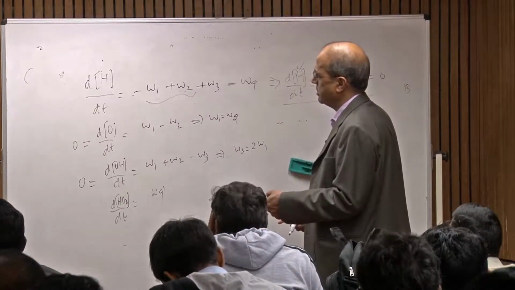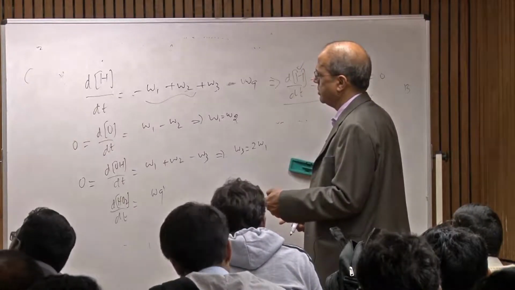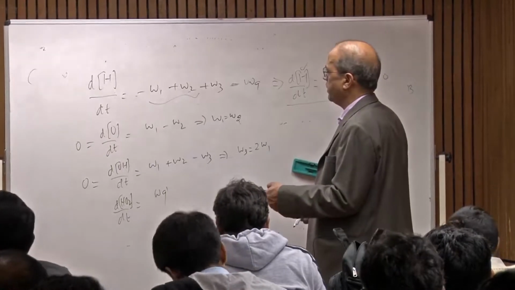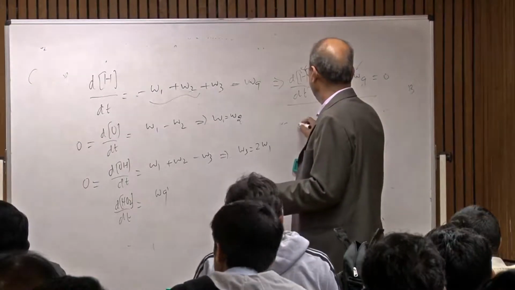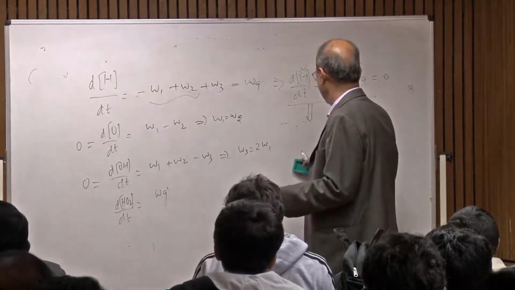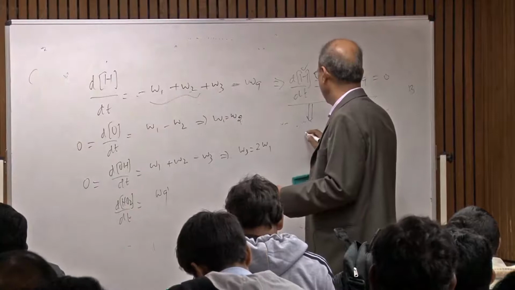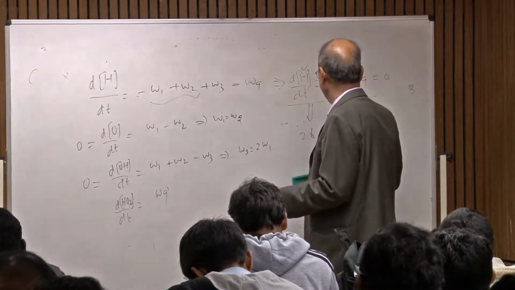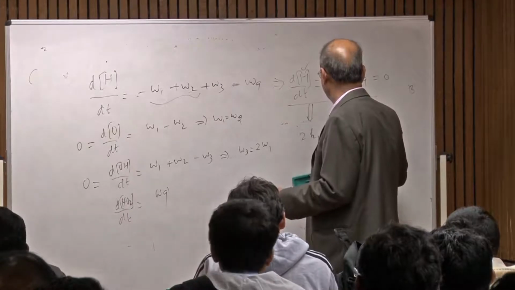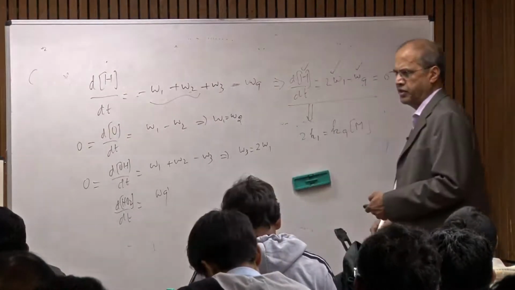So this basically gives 2 omega 1. If you substitute for omega 1 and omega 9, this will give us 2K1 equals K9 times M after you substitute for the reaction rates.